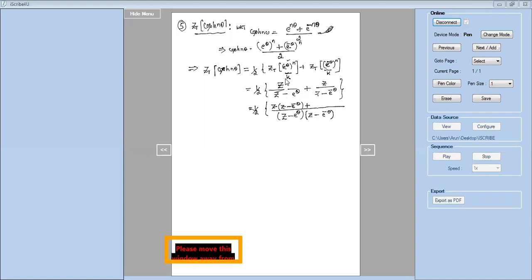It is z into z minus e^θ. So this is by taking LCM.